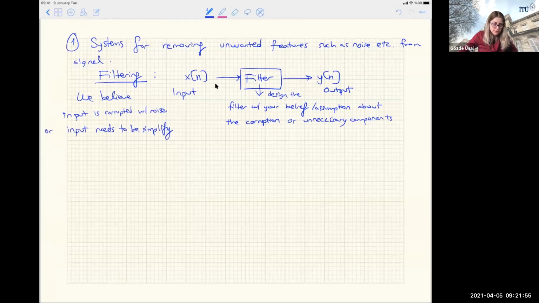This is another thing. There are also systems that try to invert some physical effect. For instance, this is a typical example in telecommunication systems. Let's say you have your cell phone. You talk, your voice signal is converted, of course, and through the antenna of your cell phone goes to some transmitter station.